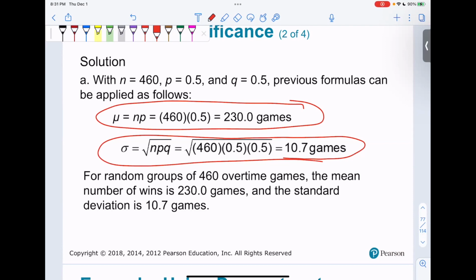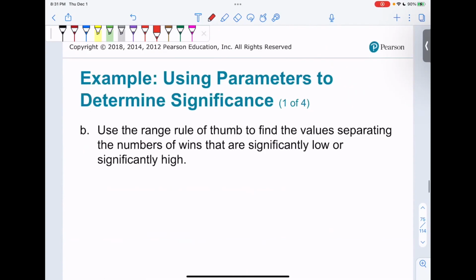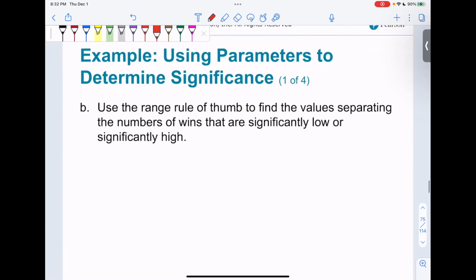Okay, let's go back and see what else they're asking for. Using the range rule of thumb to find the values separating numbers of wins that are significantly high or significantly low. Do you remember how to find significantly high and low? This is mu minus 2 sigma, and this is mu plus 2 sigma.